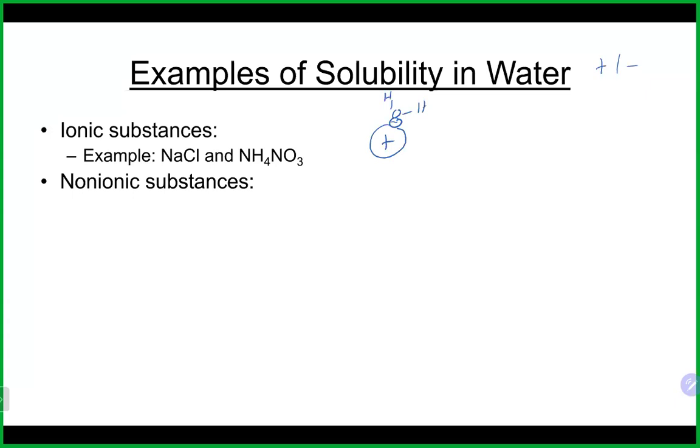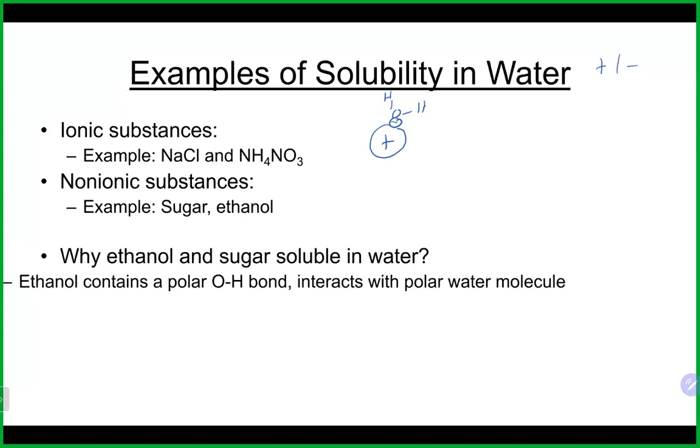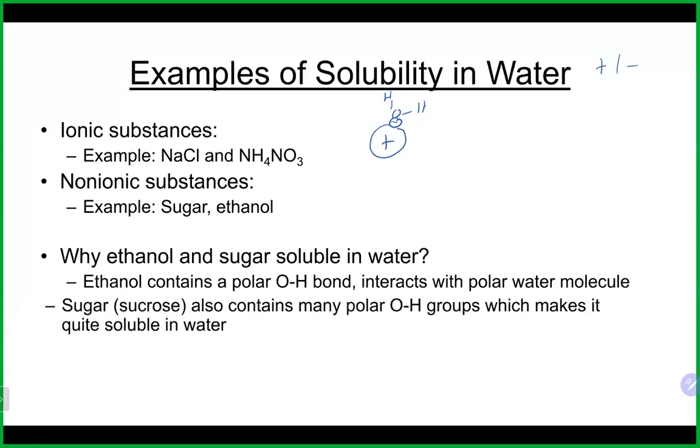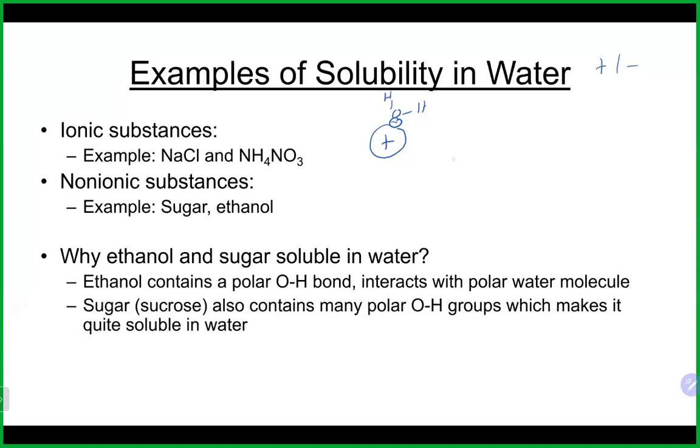There are also non-ionic compounds that are also soluble in water, things like sugar or ethanol. So why is sugar or ethanol soluble in water? If we draw ethanol, for example, it looks something like this, and you'll be able to draw it when we get to organic, I suppose.